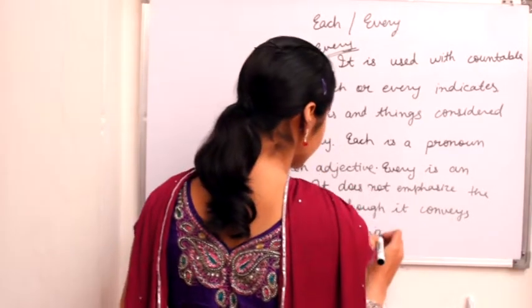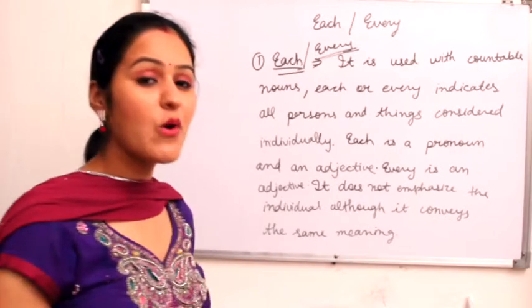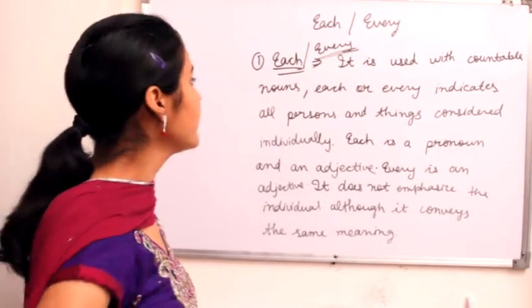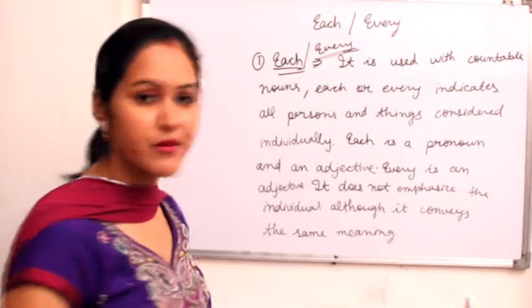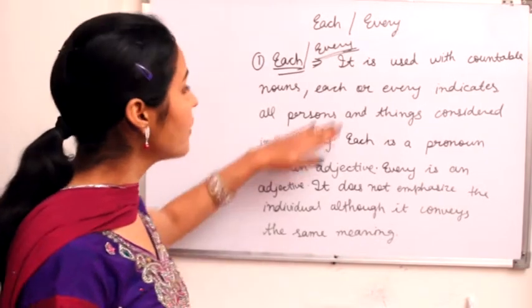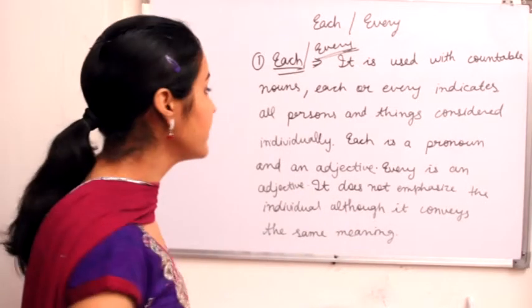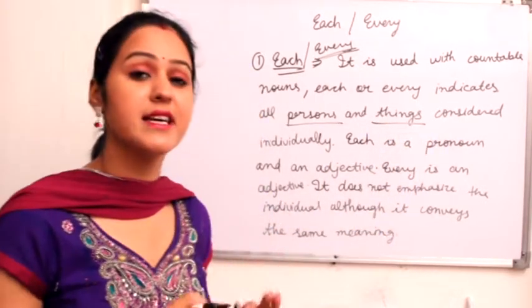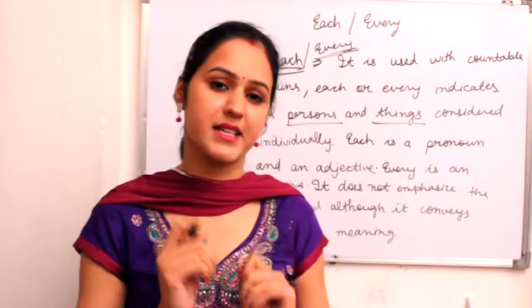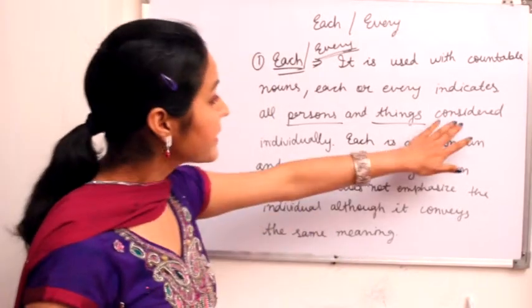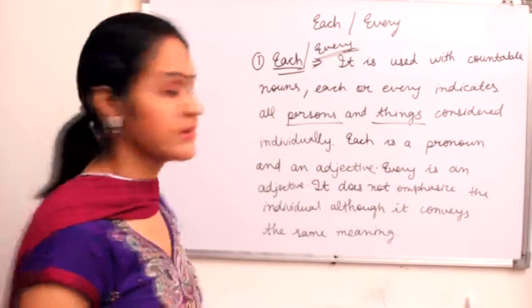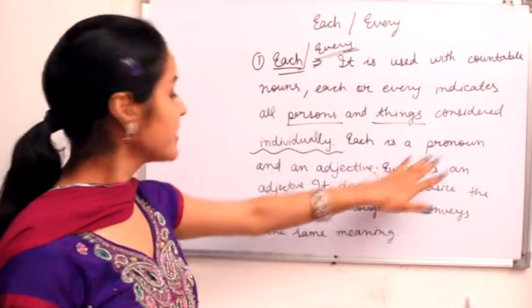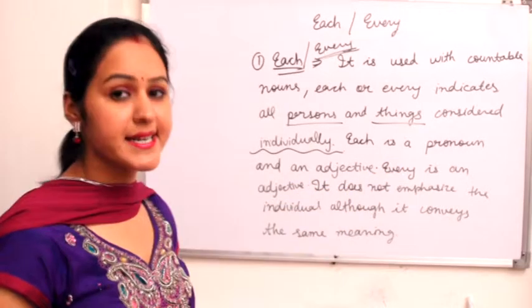So right now I explain that it is used with countable nouns. Each or every indicates all persons and things. It means that we are talking about all persons and things. It is a group of persons or things, but considered individually, and each is a pronoun and an adjective.